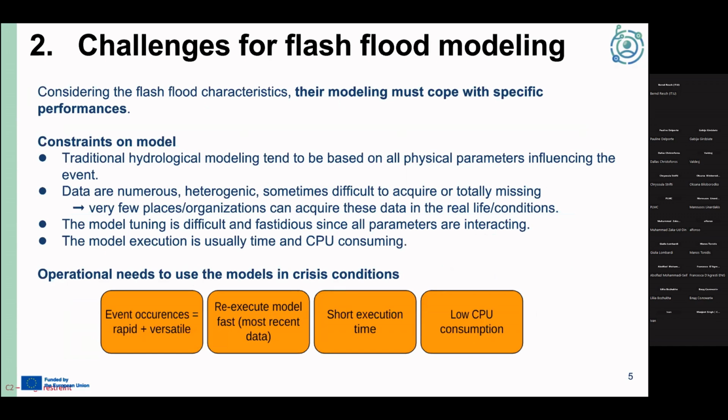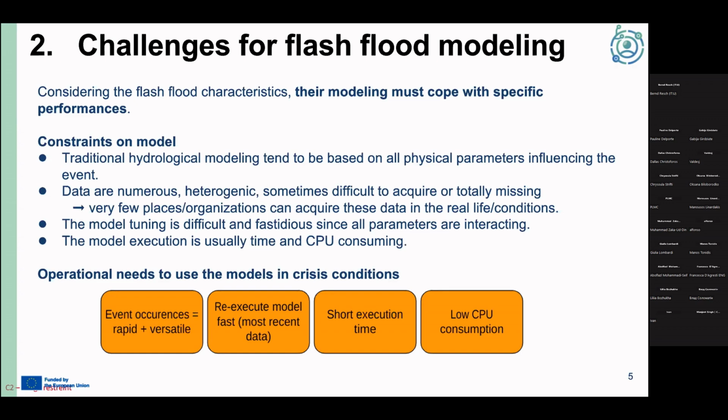To model flash flood, we have some challenges because we have to have specific performances to be able to use it in operational use. So we have some constraints on the model.